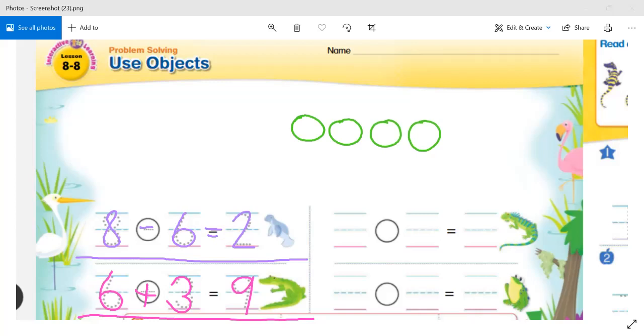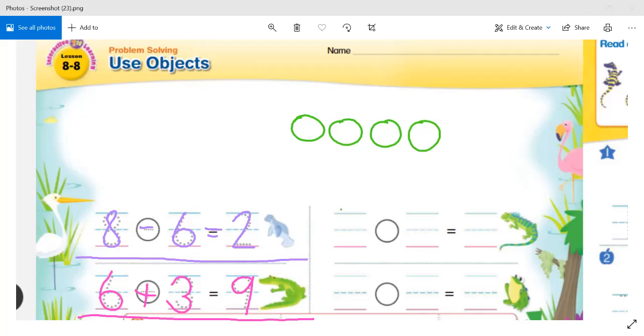One more iguana climbs up to join them. How many iguanas are there in all? So do you think this is an addition or a subtraction problem? There's 4 iguanas in a tree, and one more iguana climbs up to join them.